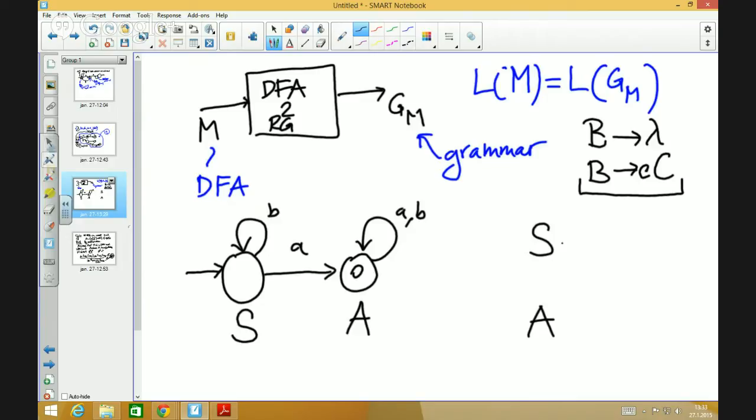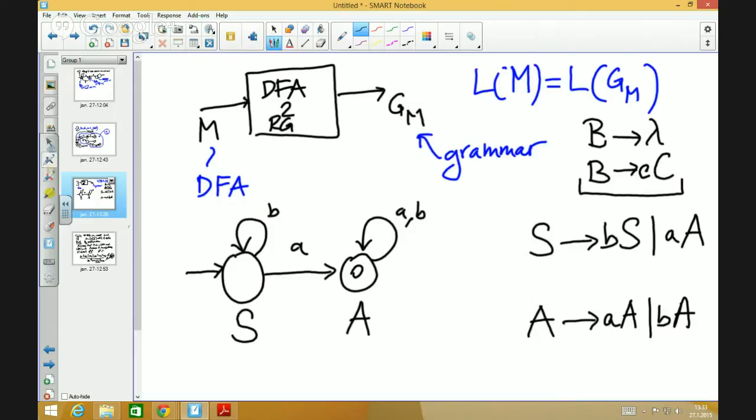So I have a production that says, from S, on B, I go to S. And another one that says, from S, on A, I go to capital A. And how about this? This represents the loops that I have in my DFA.